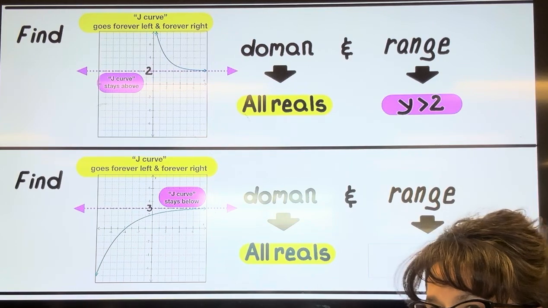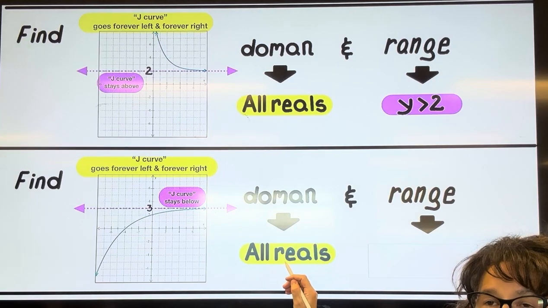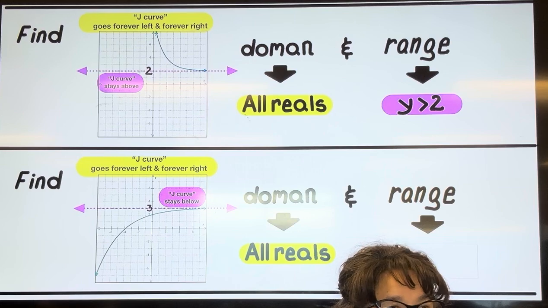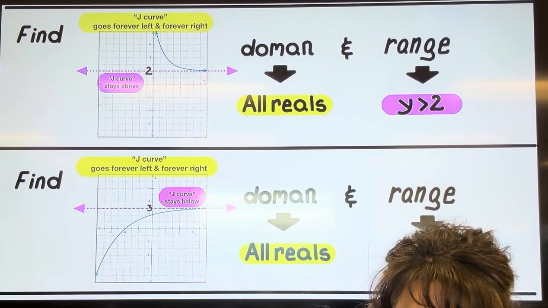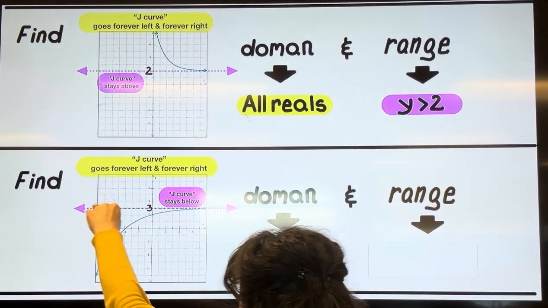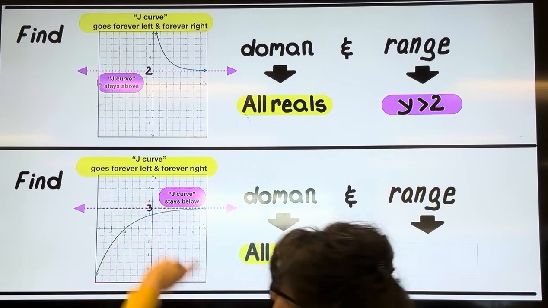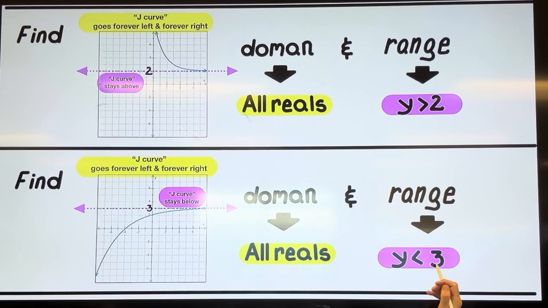Every single exponential function has a domain of all real numbers, because every J curve will move forever to the left and forever to the right. But the range, this one is bounded. It has a ceiling at 3. So we can't go above 3, so our y is going to stay less than 3.